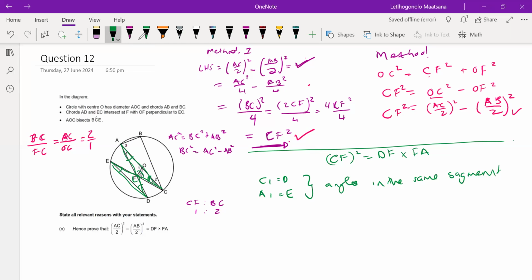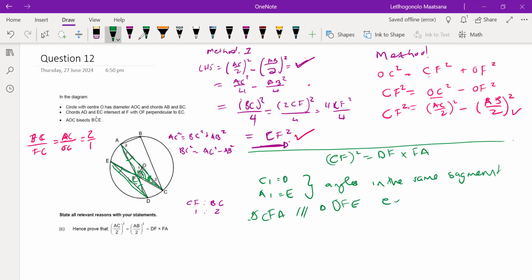If the first two are equal, then F on that triangle should be equal to F on the other triangle, and therefore we can say that triangle CFA is similar to triangle DFE.